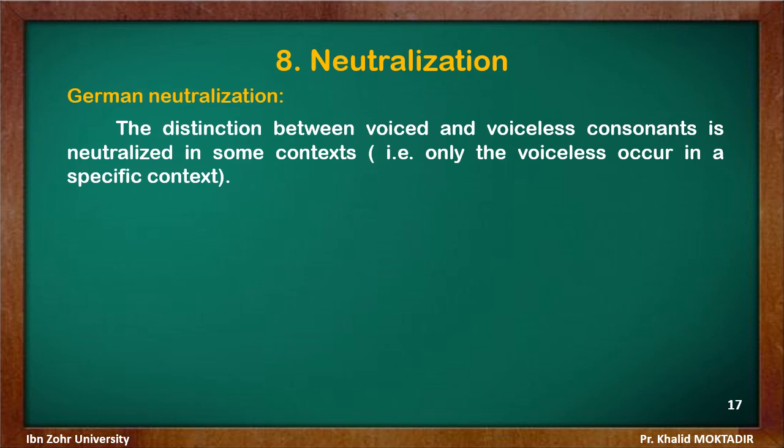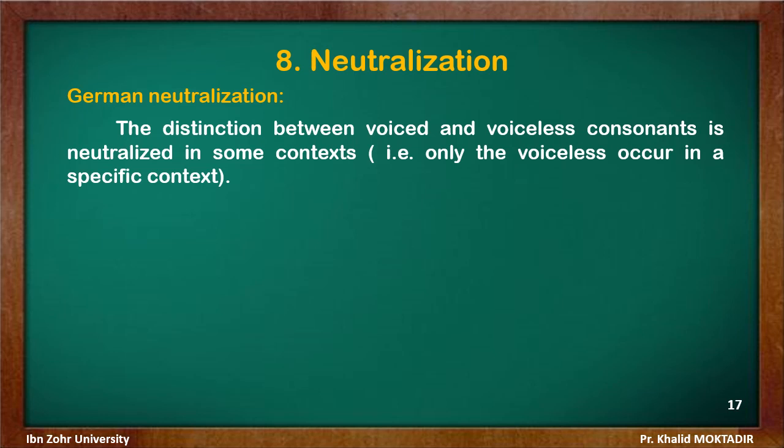Neutralization is when a difference between two contrasting sounds disappears in a specific context. That is, if we have, for example, voiced and voiceless consonants like the bilabials b and p, only one of them will occur in a specific context.